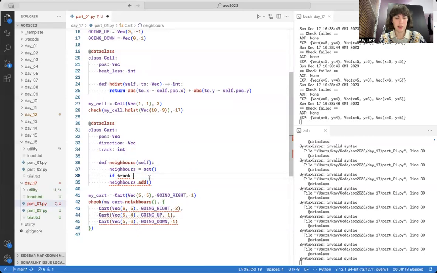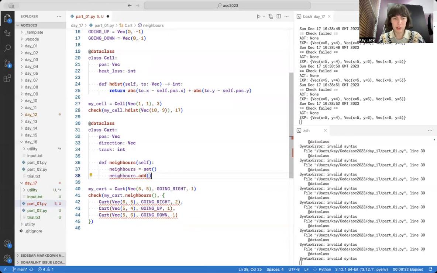Okay, if the track is, in fact, let's just TDD it and we'll worry about the complexity when it arises.